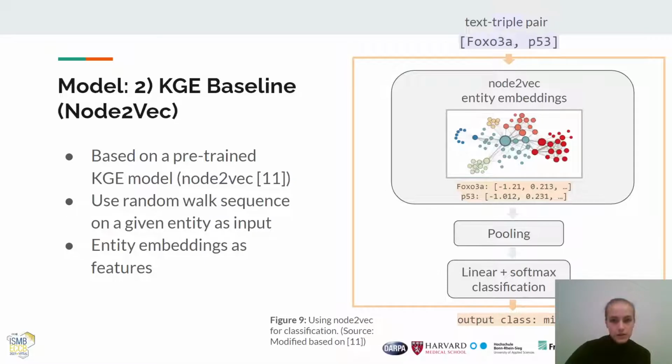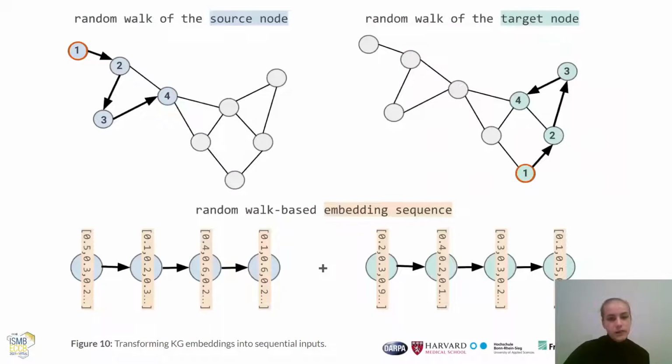For this model, we are using the two entities of the given triple in a text triple pair. To keep it comparable with the other models, the NLP baseline as well as our proposed STonKGs model, we want to convert those two entities into a sequence of embeddings. And basically how we do that is through using node2vec as our knowledge graph embedding model.